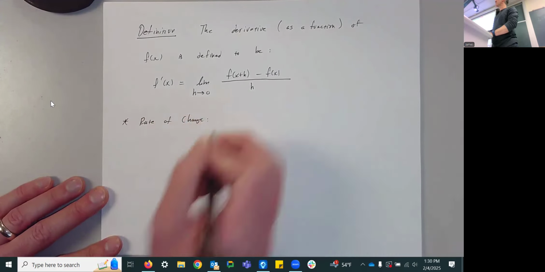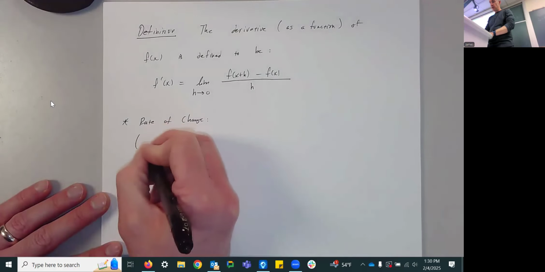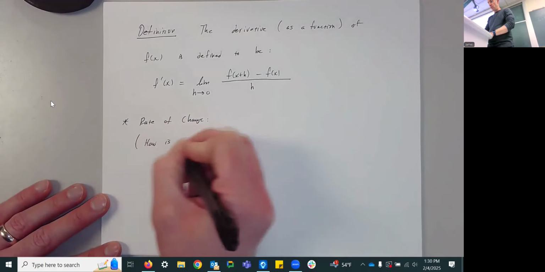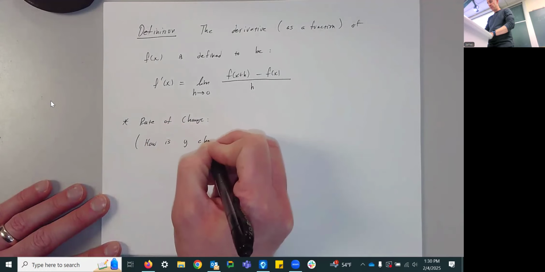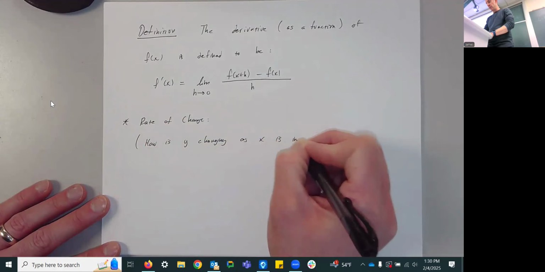It's really answering the question, how is something changing as something else is changing? When we talk about functions and graphing them, we're really asking the question, how is y changing as x is increasing? Which is another way of saying what's the slope of the tangent line. So you can think of it as how is y changing as x is increasing?